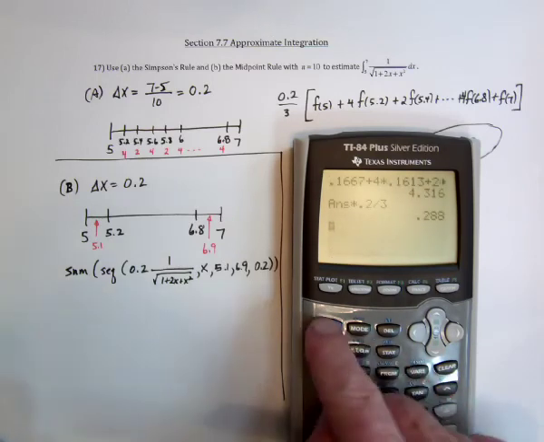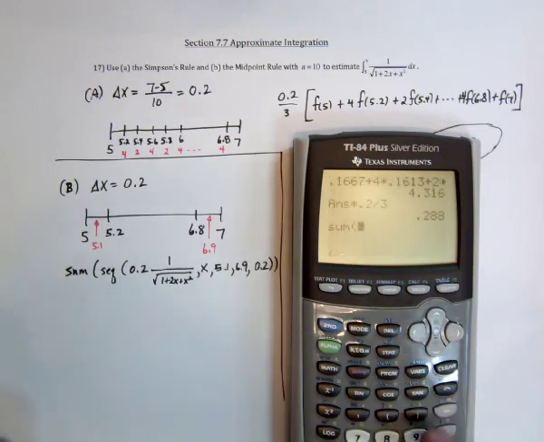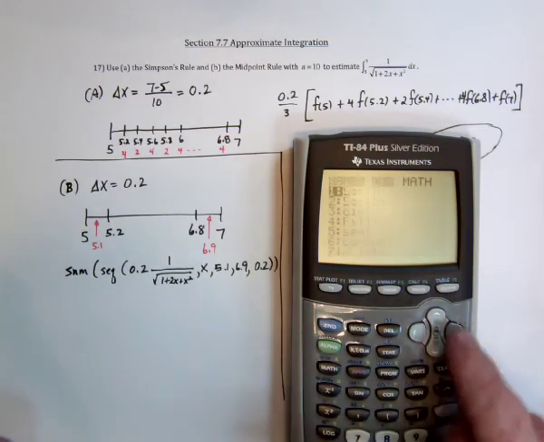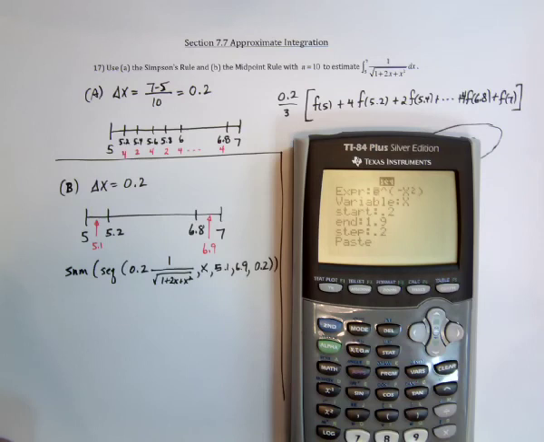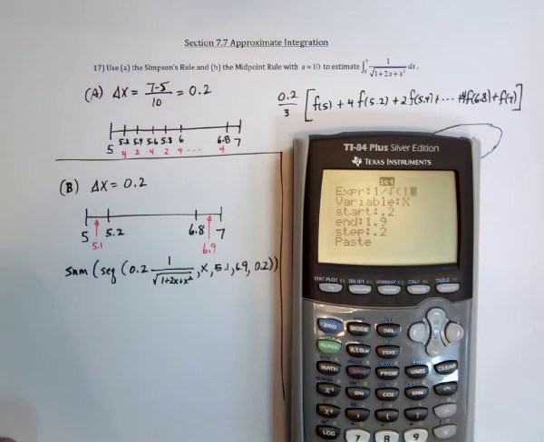So then sum, and back to list, the sequence. The function is 1 divided by the square root of 1 plus 2x plus x squared, with x going from 5.1.